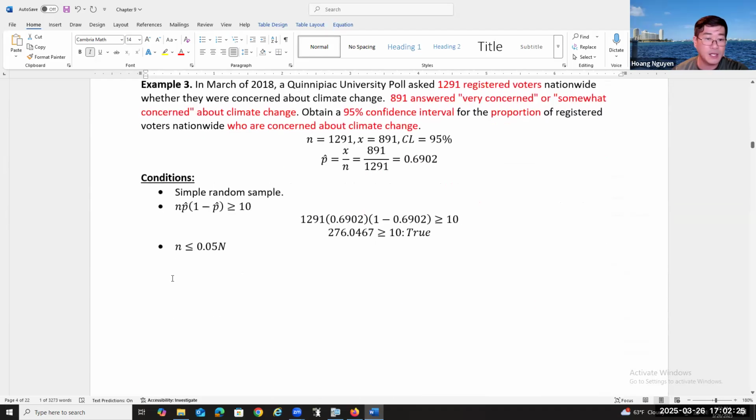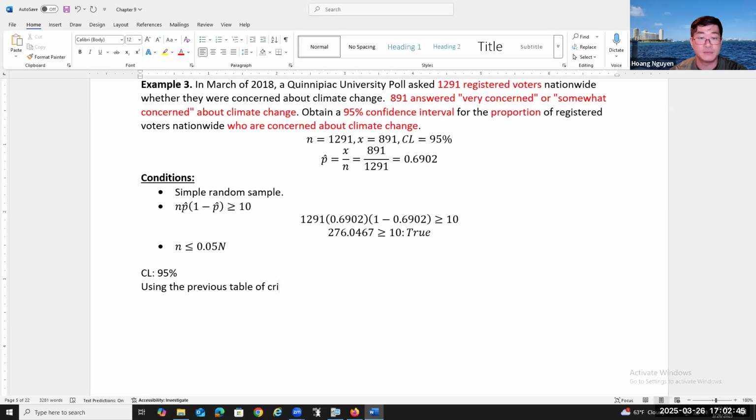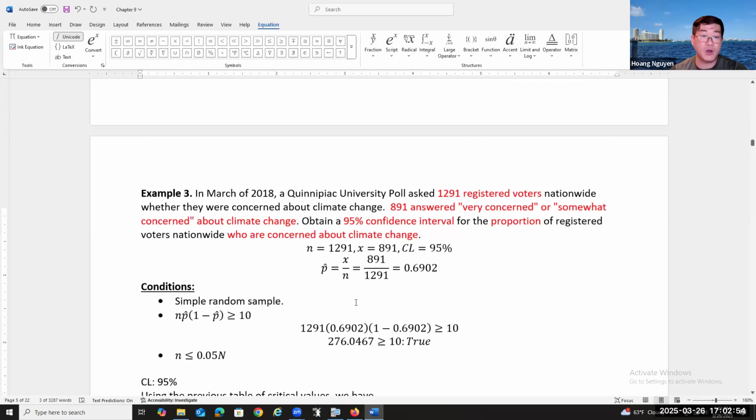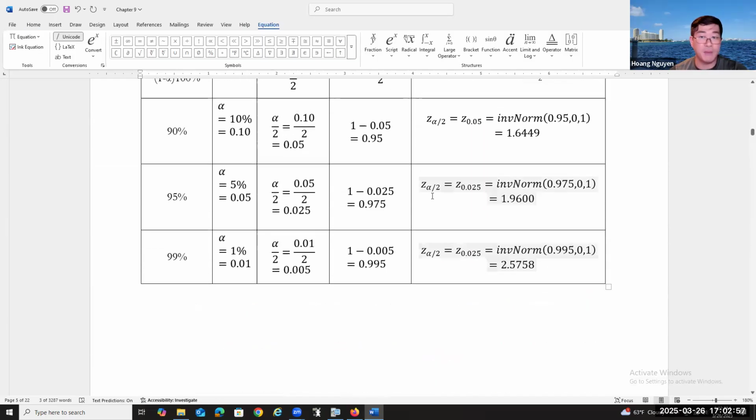Based on this question, the confidence level is 95%. So using the previous table of critical values, we have the 95%.